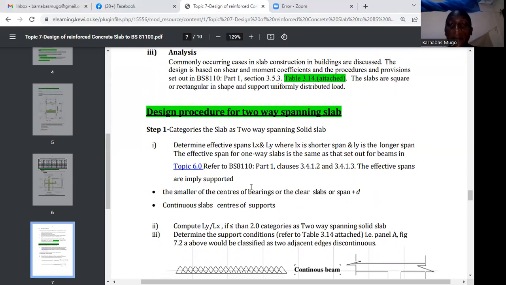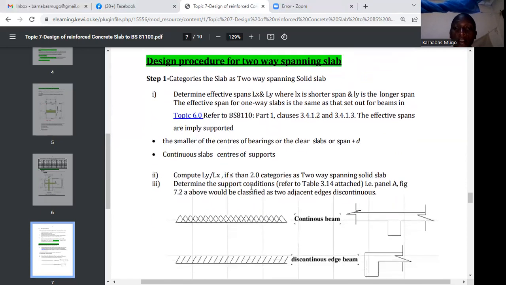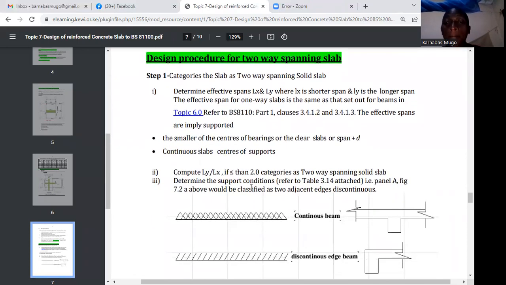First, you need to determine the value of Ly and the value of Lx. And from there, you compute the ratio between Ly and Lx. If it is less than or equal to 2.0, then it is a two-way spanning solid slab.